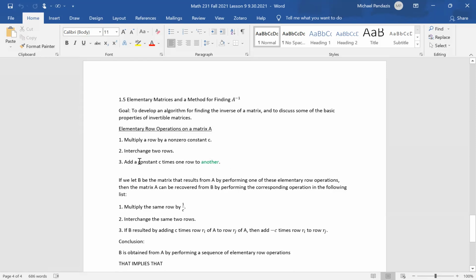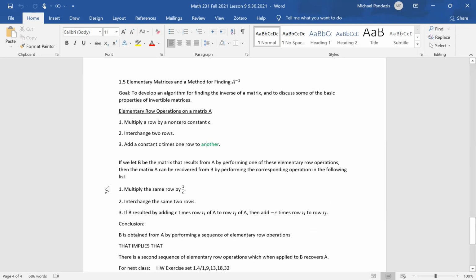So if you add 3 times row 1 to row 2, row 1 stays the same, and row 2 is what is changed by that operation. Okay, so it's the thing you're adding to that's changed. So if you add 3 times 1 row to another row, it's the another row that's being changed, and the original and the thing you're multiplying is actually not changing by that operation.